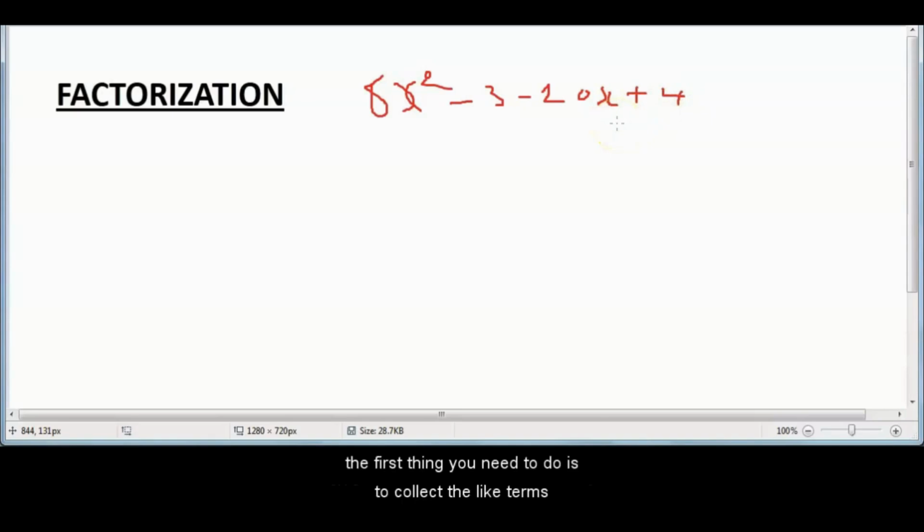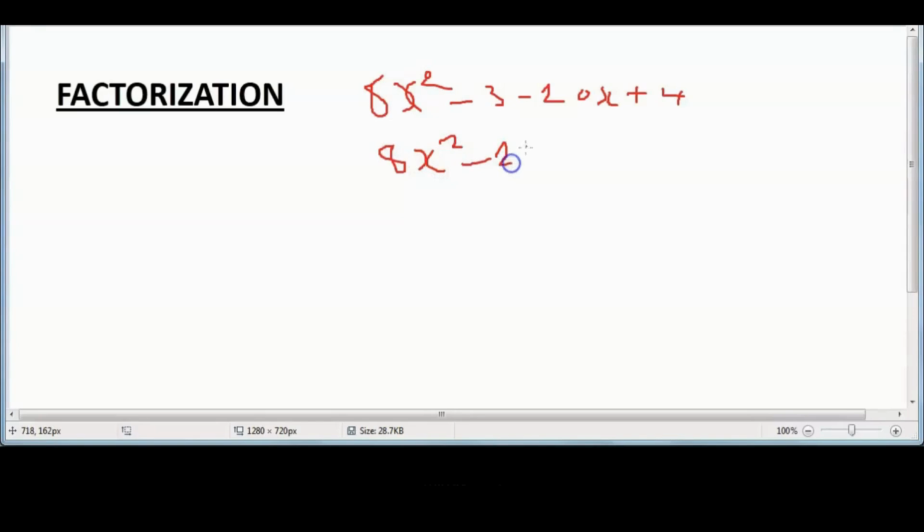The first thing you need to do is to collect the like terms. This then changes to 8x squared minus 20x minus 3 plus 4.